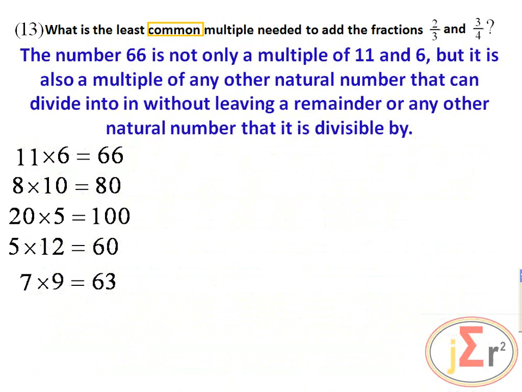The number 66 is not only a multiple of 11 as we discussed earlier on. Right. It is also a multiple of 6. Why? Because 11 times 6 is equal to 66. That makes 66 a multiple of 6 and also a multiple of 11. But it is also a multiple of any other natural number that can divide into it without leaving a remainder, or any other natural number that it is divisible by.